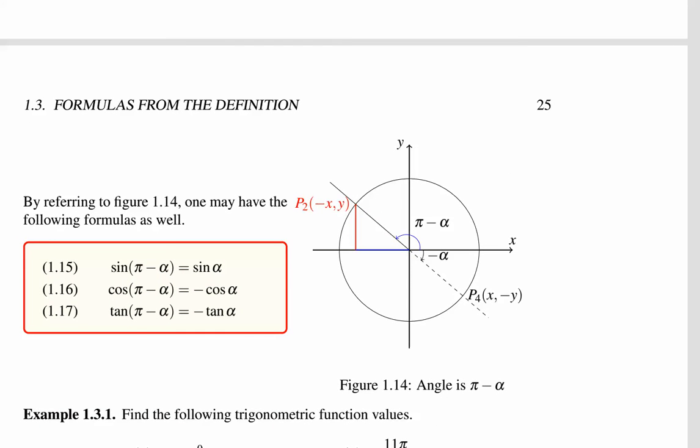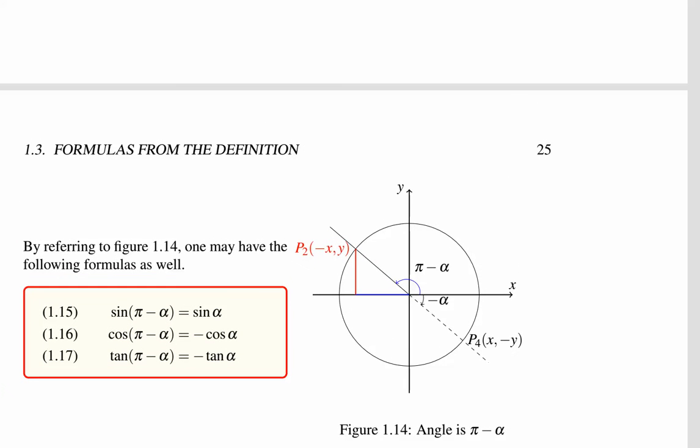We know negative alpha is in the fourth quadrant, this point. If you add pi to negative alpha, it goes to the second quadrant. So P4 comes to P2. P2 is in the second quadrant and P4 is in the fourth quadrant.